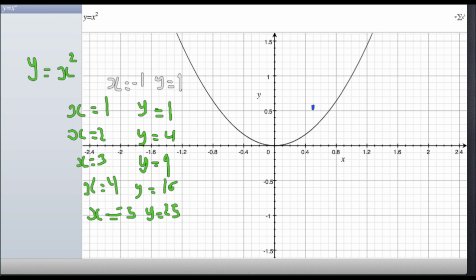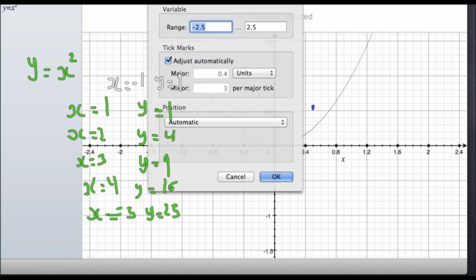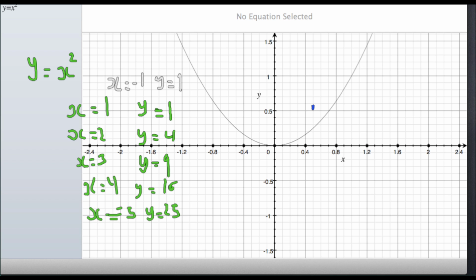So at x equals -1, which would be right over here, this is where -1 is. It equals 1, as you can see here. And so that is why it's symmetrical, and that is the base graph, I'll call it, that you use all the time: y equals x squared.